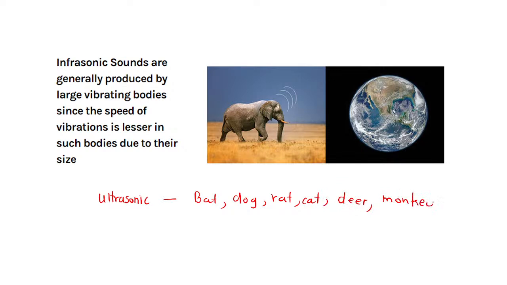All these animals can detect ultrasonic sound. We cannot detect it. That's the reason dogs every now and then keep on barking, and we don't know the reason. That is because they can detect sound waves of frequency higher than 20,000 Hz, which a human body cannot detect.